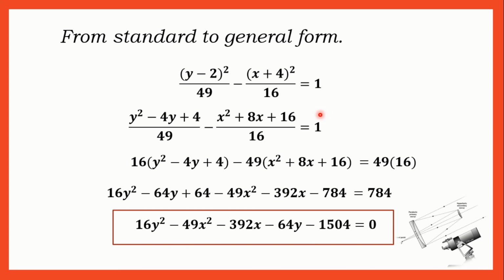Expand the quantities, multiply the equation by the LCD 49 and 16, and arrange the terms from highest degree to lowest degree. The general form of the equation of the hyperbola is 16y squared minus 49x squared minus 392x minus 64y minus 1504 equals 0.